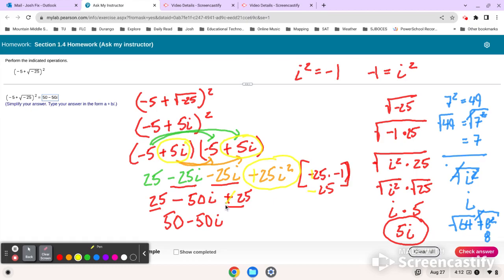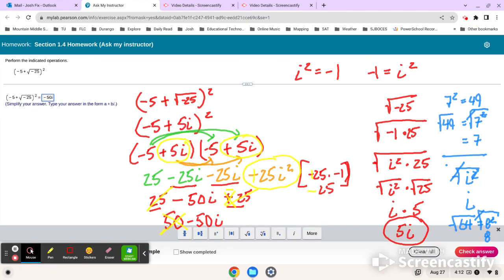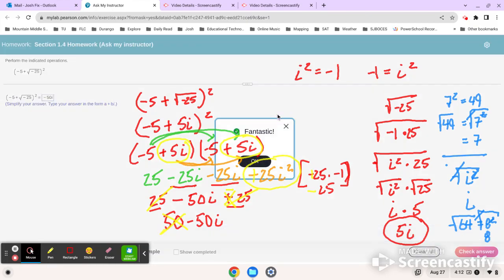That would make this a negative. That means this 25 and that 25 would cancel, so there would be nothing out in front. My final answer should have just been negative 50i. Let's see if I got that right. Let's get rid of the 50 and check. Awesome. Nice. So there we go.